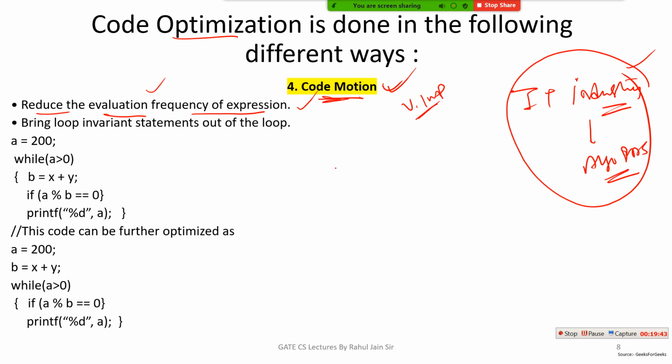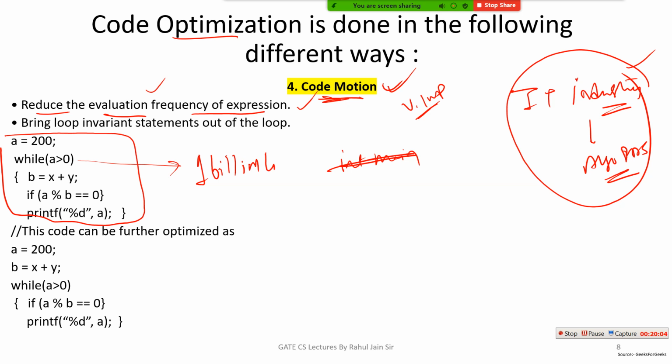Suppose this code, int main, is given to us, and in this code suppose this while condition is running 1 billion times. So this condition will be checked 1 billion times, and this printf statement will work 1 billion times. Why? Because this while condition is working 1 billion times.